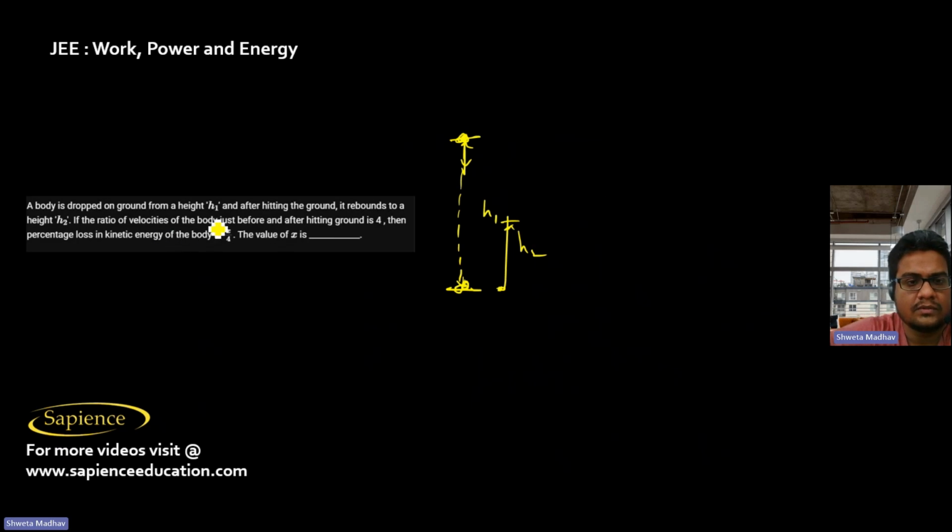If the ratio of the velocities just before hitting the ground and after hitting the ground is 4, then the percentage loss of kinetic energy of the body is x by 4. The value of x is?